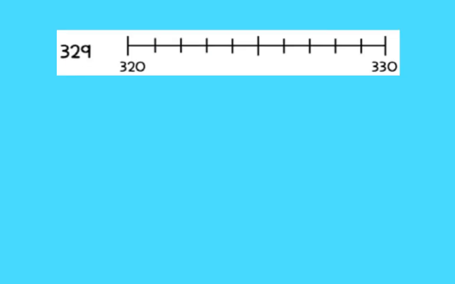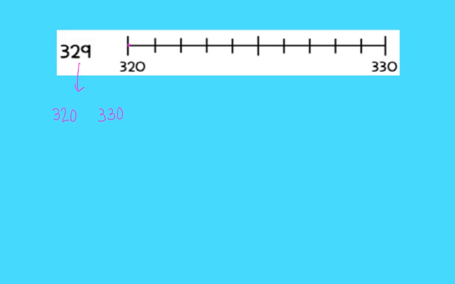Rounding 329 to the nearest 10. I ignore the hundreds place for right now. 29 either goes to 20, or 10 more than that would be 30. Then I can put that hundreds place back on. So I'm choosing between 320 and 330.